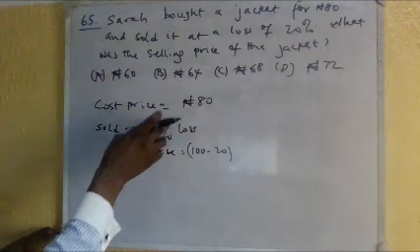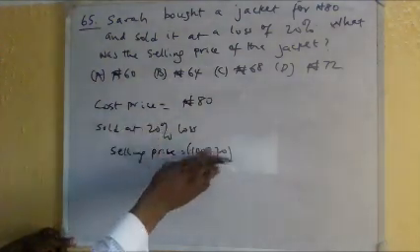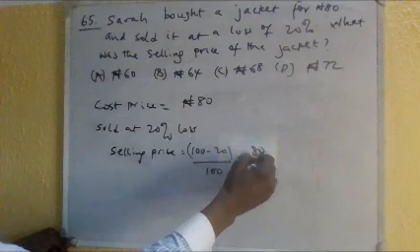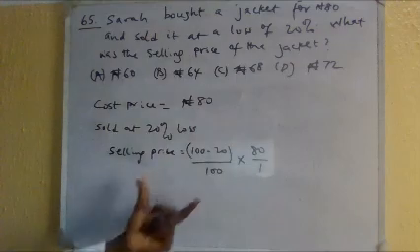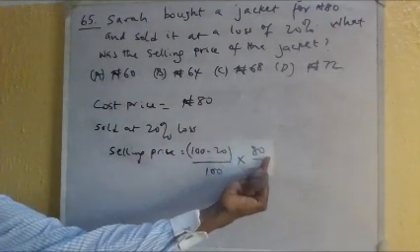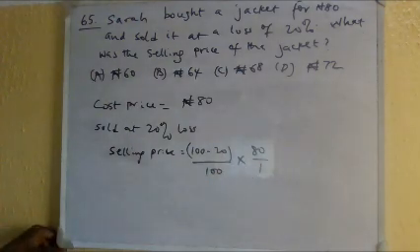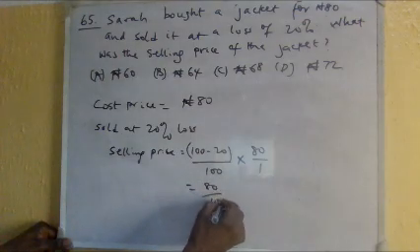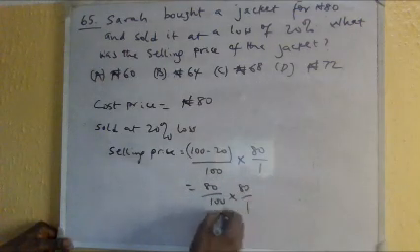So it's just 100 minus 20 all over 100 times 80 over 1. So this is the percentage that she sold of the cost price. Okay, so what do I have? The difference is 80 over 100 times 80 over 1. 0 cancels 0, 0 cancels 0. 8 times 8 is 64.